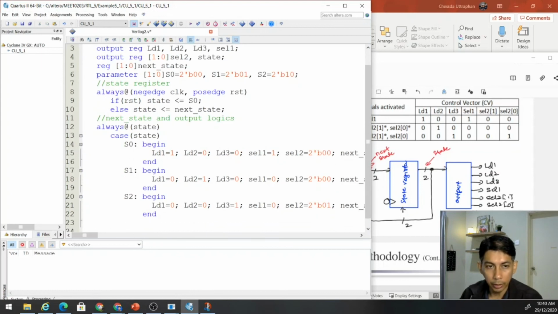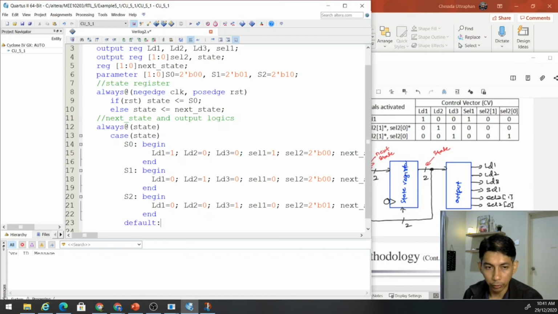And again, you need to remember, if you use a case statement, you need to have all the combinations of this: 0 0, 0 1, 1 0, and you need to have 1 1. If not, you will have a warning later on, which means that you create a memory here.